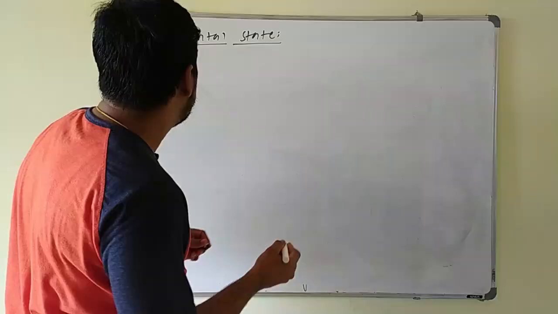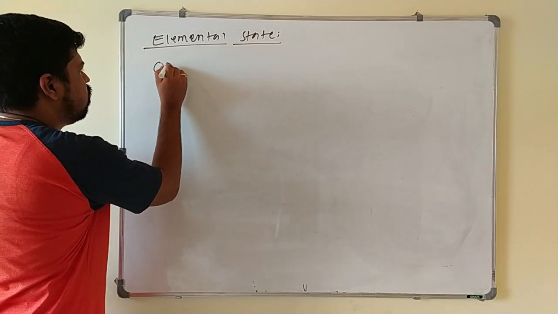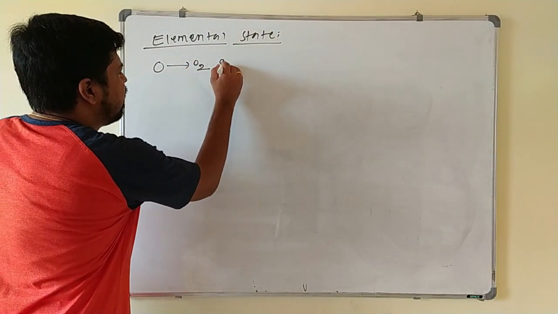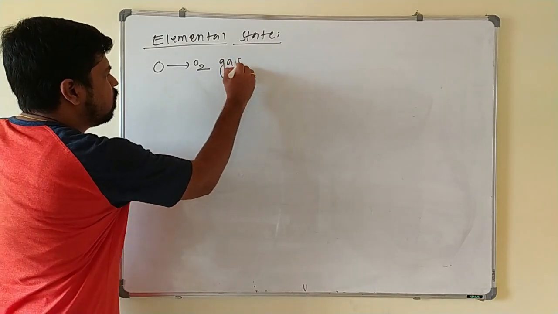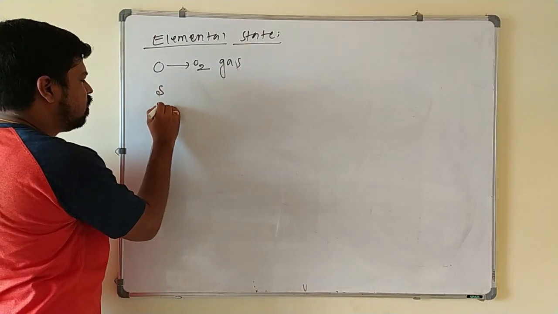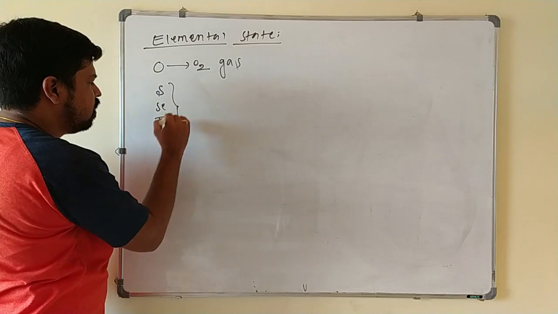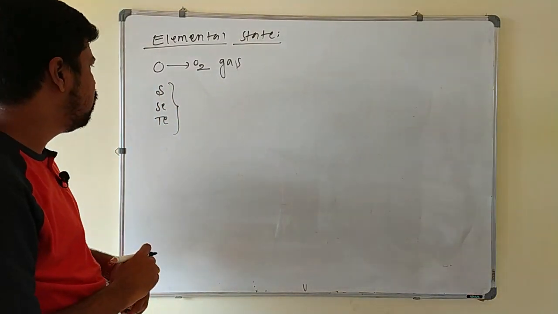Next point I will write. Already we know that O2 is a diatomic gas, but if I go for remaining elements sulfur, selenium and tellurium, these are having what? Larger p orbitals.